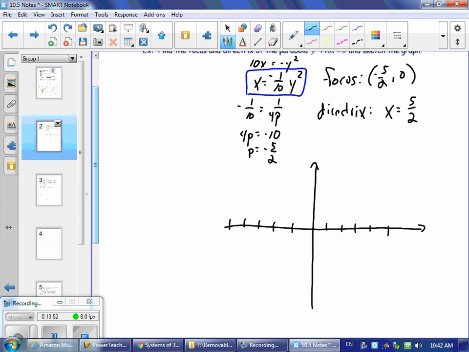We don't need anything on the y-axis here. Negative 5 halves, 0. Negative 5 halves is negative 2.5, so that'll be right about here. x equals 5 halves is our directrix, positive 2.5, right there.